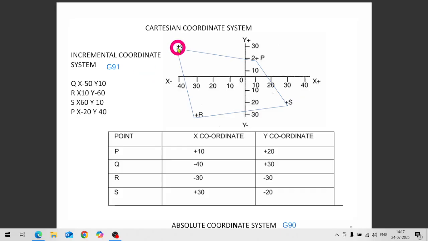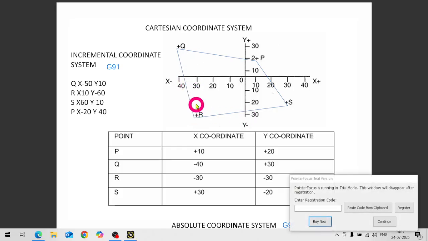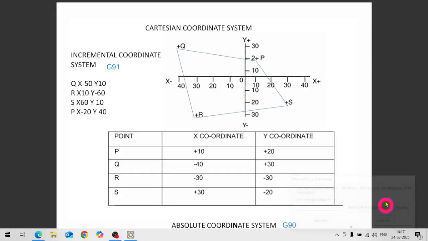And for Y, it is 30 mm above the horizontal line and 30 mm below. So 30 plus 30, this will be minus 60. Y is at minus 60 now.